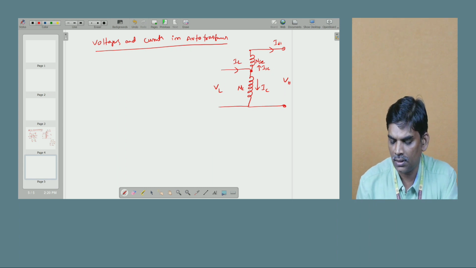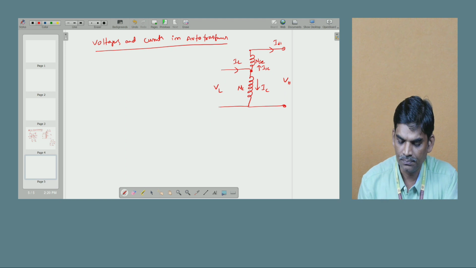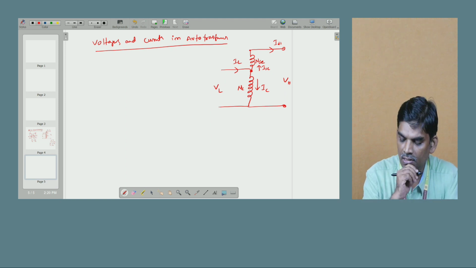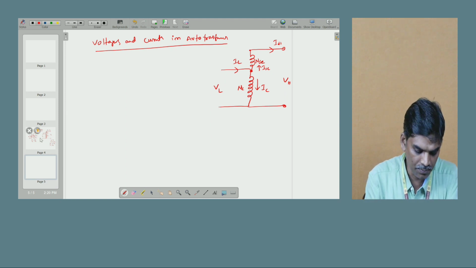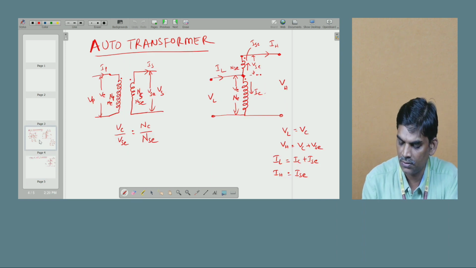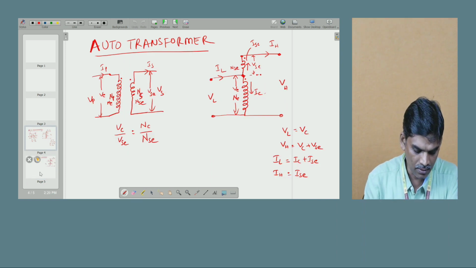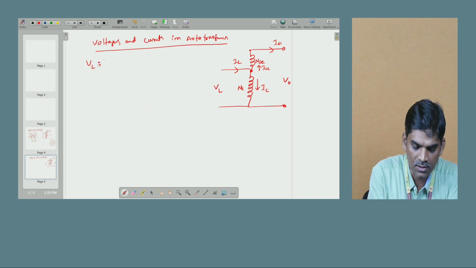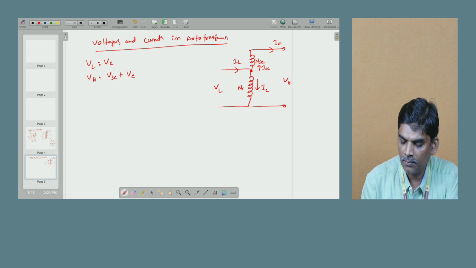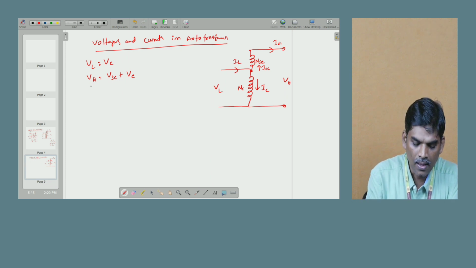My question is, what is the value of VL by VH? Previously we wrote all these terms. VL is equal to VC, VH is equal to VSC plus VC, the common voltage across this one, and IL is equal to ISC plus IC, and IH is equal to ISC.